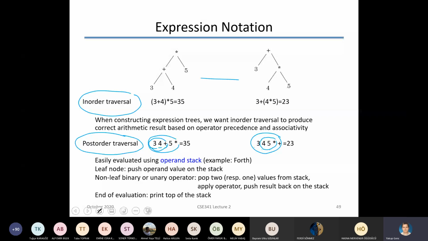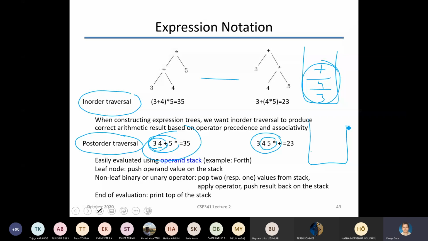So you put 3 on the bottom of the stack, you put 4 on top, and then when you have a plus, you apply the operator, and your stack becomes only 7. And then you push your 5, and when you encounter an operator, you apply that operator on top of that stack, however many arguments it has.